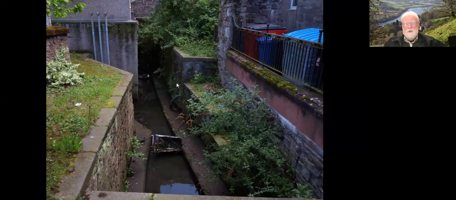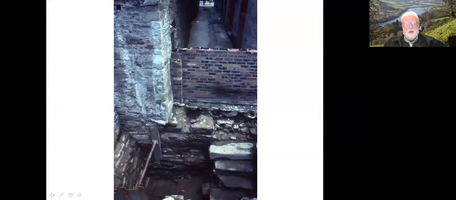This is a view taken a few years ago. It's been tidied up since. Many years ago, back in the 1980s, we did an excavation in this area. This fragment of wall here is advertised as the last surviving fragment of Perth's medieval wall. And we went down under it, and lo and behold, down here, you have a very, very substantial wall face, quite possibly of the medieval defensive wall.